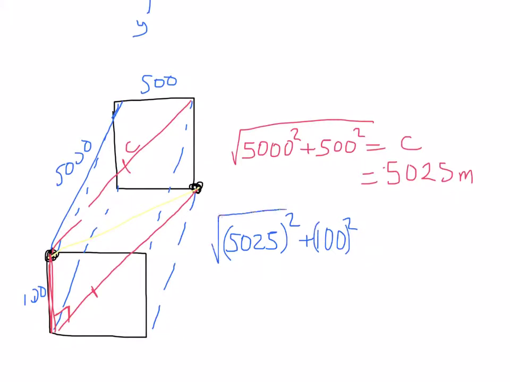Take the square root of that, and that is going to be equal to, we'll call it D for displacement. D is equal to 5,026 meters.